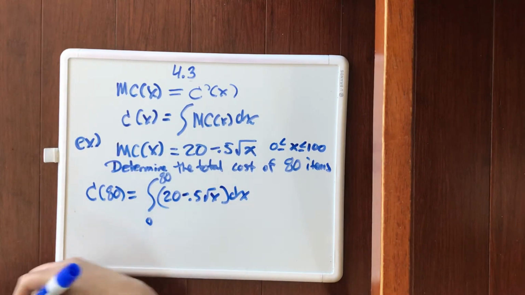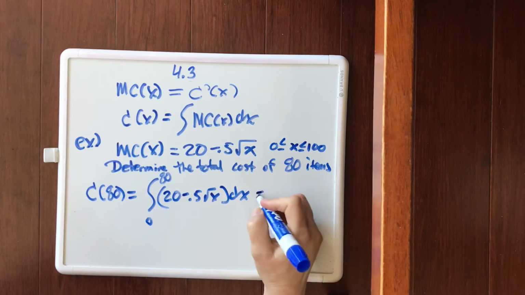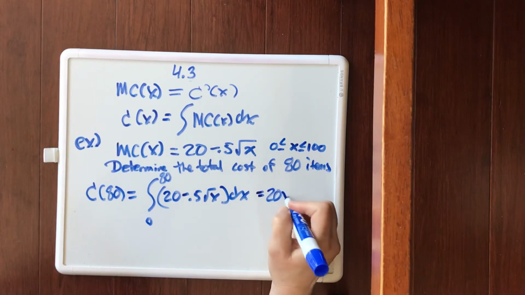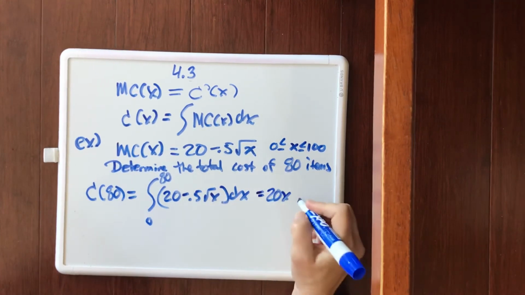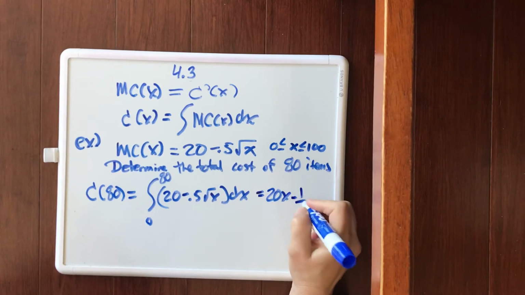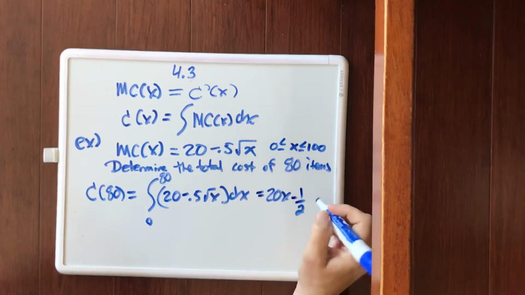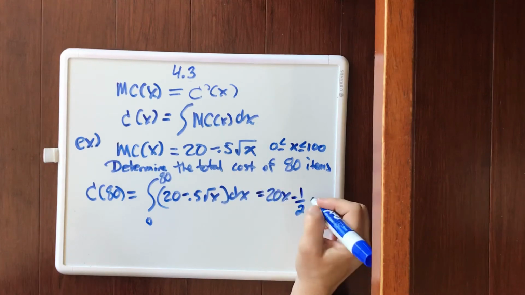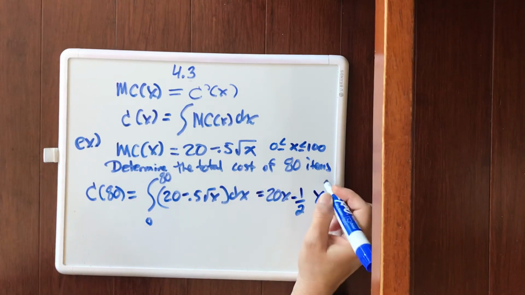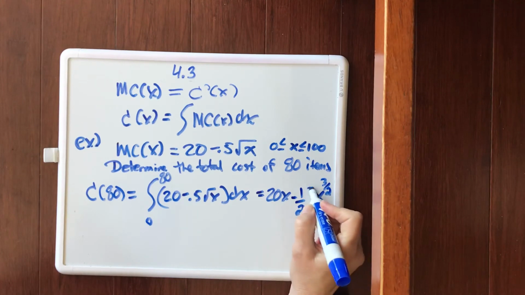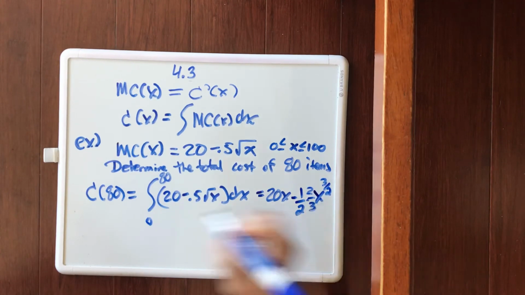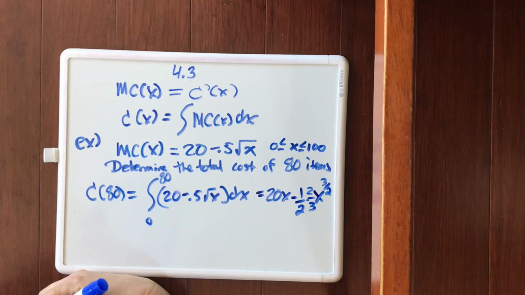Okay, so integrating this, we have 20x, 0.5 is just 1/2, all right, and this is x to 1/2, so we add 1 and get 3/2 and multiply by the reciprocal, which is 2/3. Okay, we've done that before.